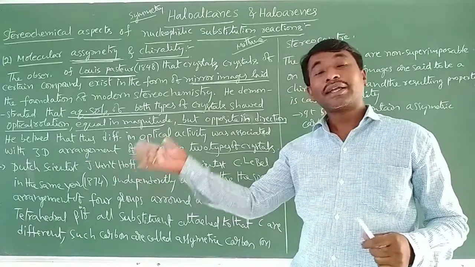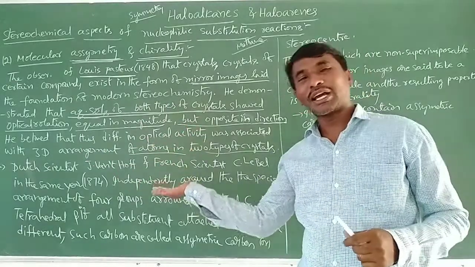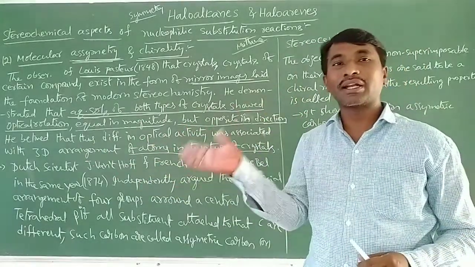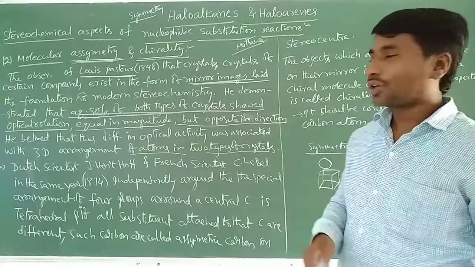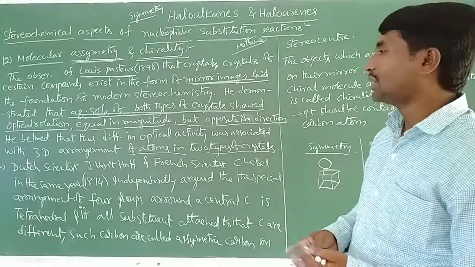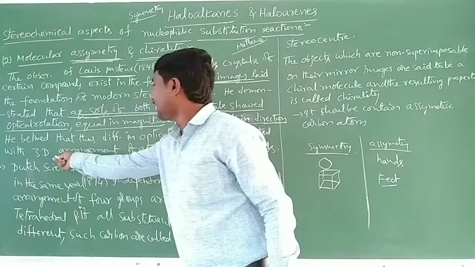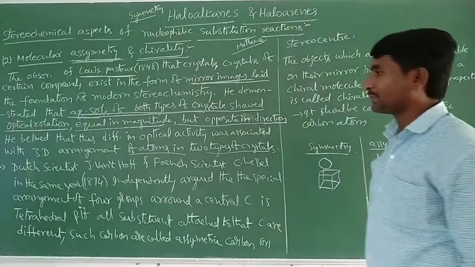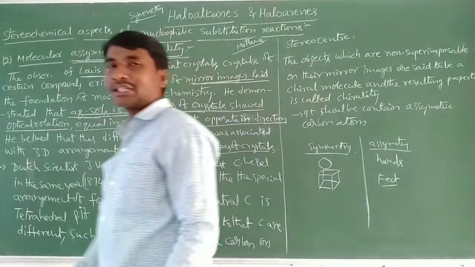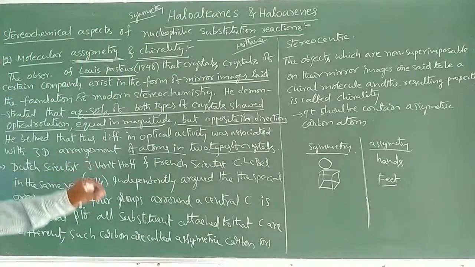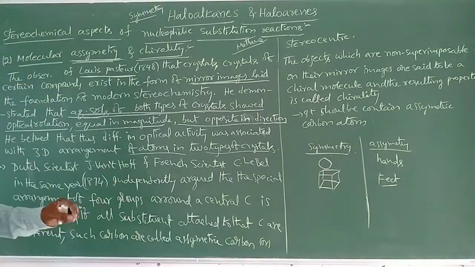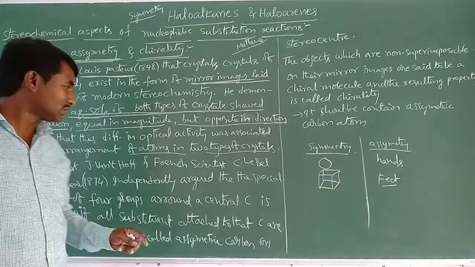But for the crystals, one is left side, another is right side. One is levo, another is dextro. So the two types of crystals have a 3D arrangement.